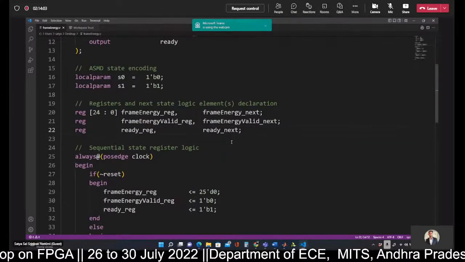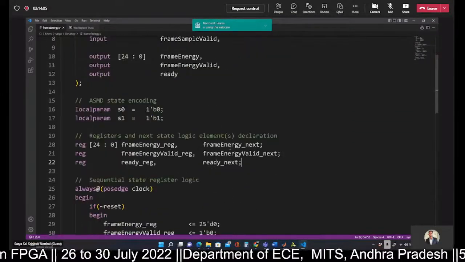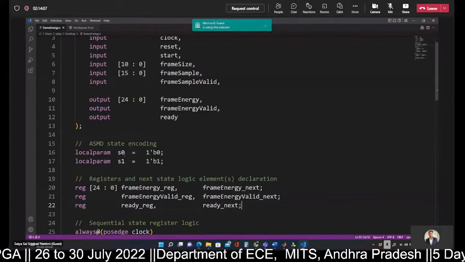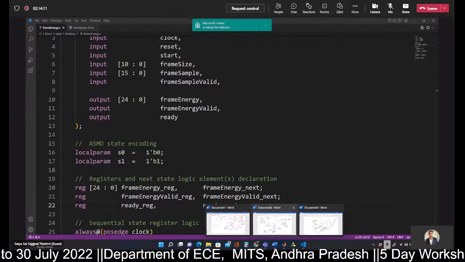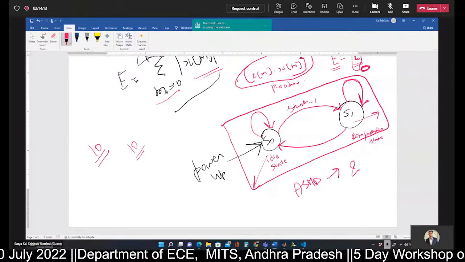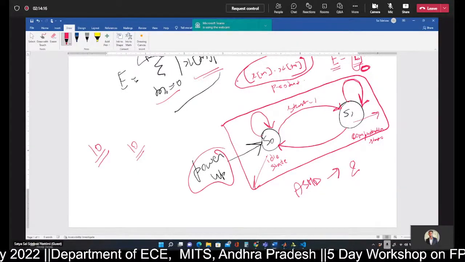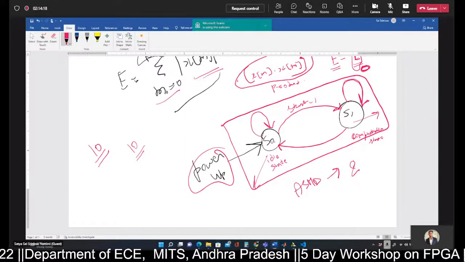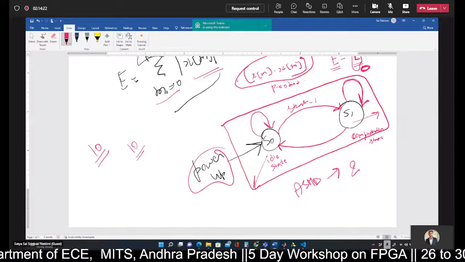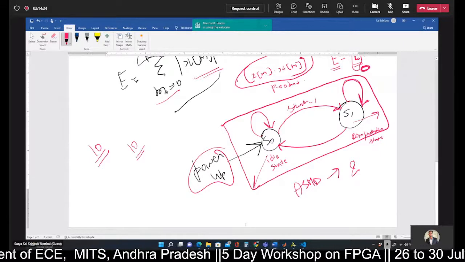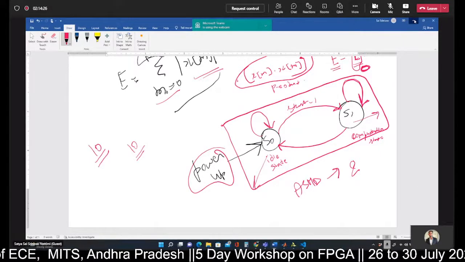And now I told you earlier, now when power is switched on, our ASMD switches to the S0 state. When start signal is coming, it will switch to S1 state. So how do you know that ASMD is in which state?